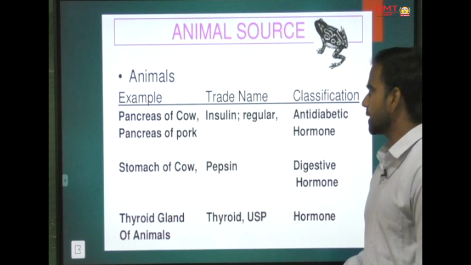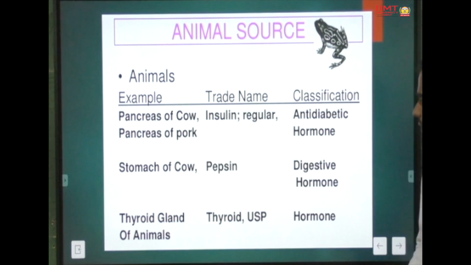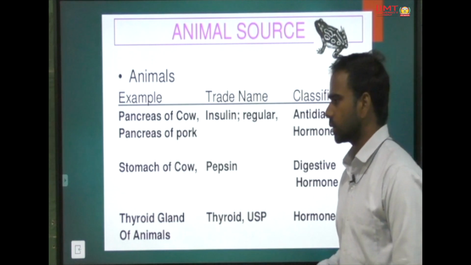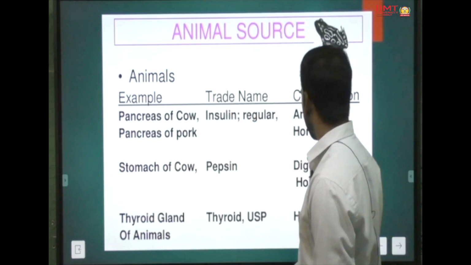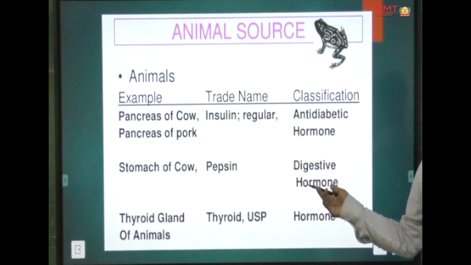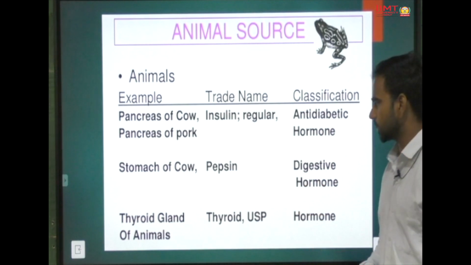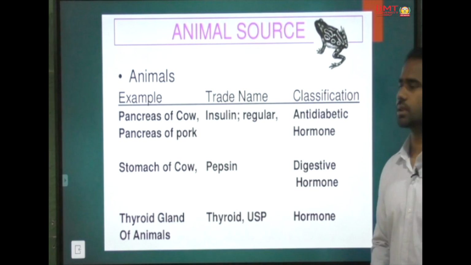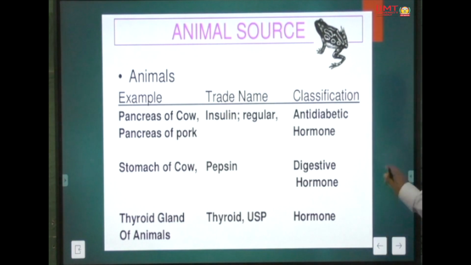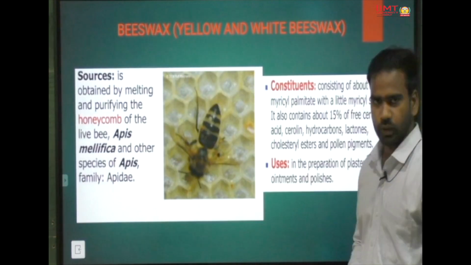The stomach of cow is used mainly to isolate pepsin for the digestion of proteins and amino acids in your body, and it is also known as a digestive enzyme. And third, the thyroid gland of animals is used for the isolation of thyroid hormones and for regulation of thyroid related pathophysiological states.